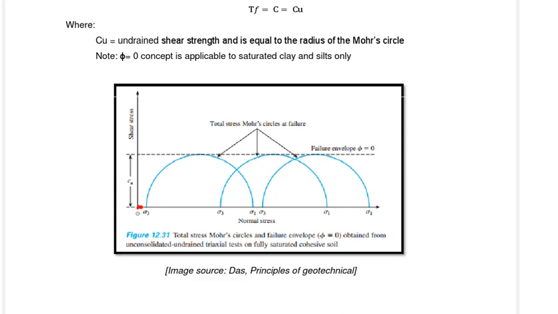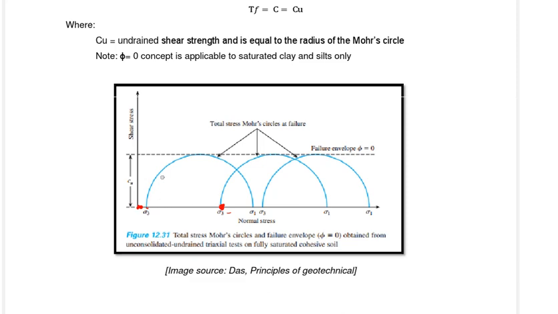So, as we apply the cell pressure to our specimen during the consolidation phase, our Mohr circle remains a point, at which sigma 1 and sigma 3 are both equal. So, this is our point.